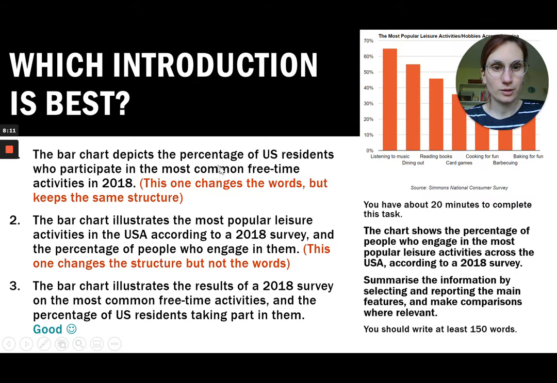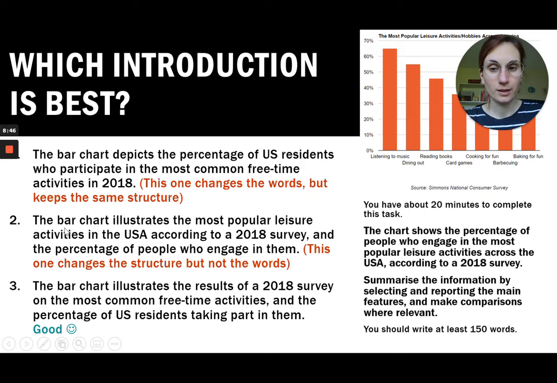The percentage is the same, of people, US residents who engage, participate. It's changing the words, but it's still the same structure, same order. The most common, the most popular free time activities, leisure activities in 2018. So basically it's very similar. It changed the words, using synonyms, so it's a start, but it's still pretty similar.